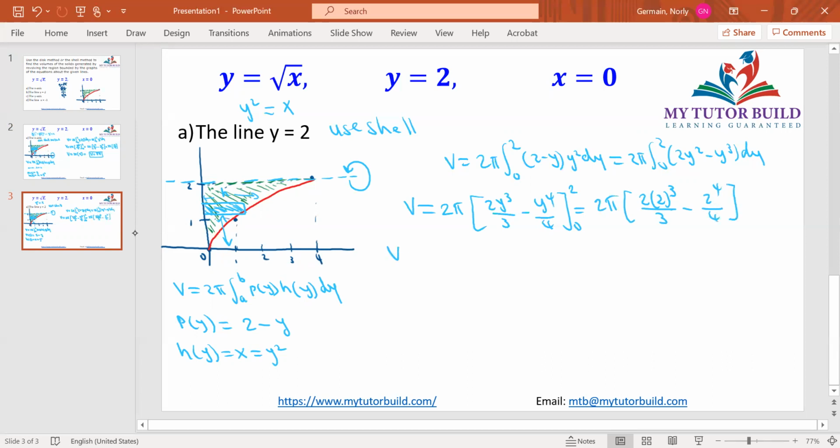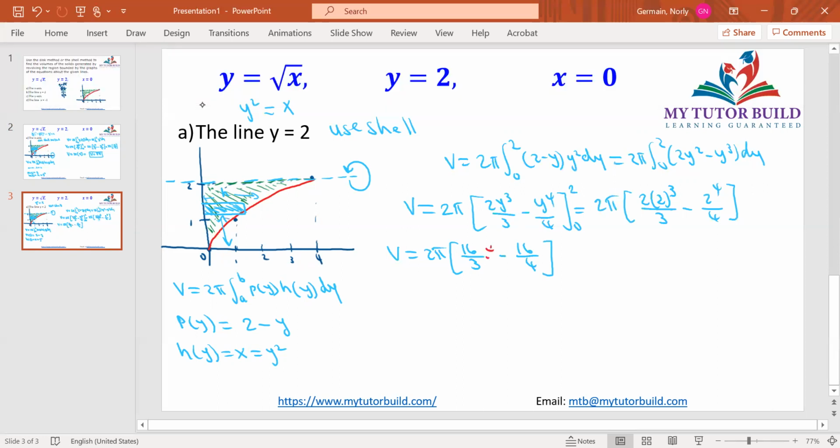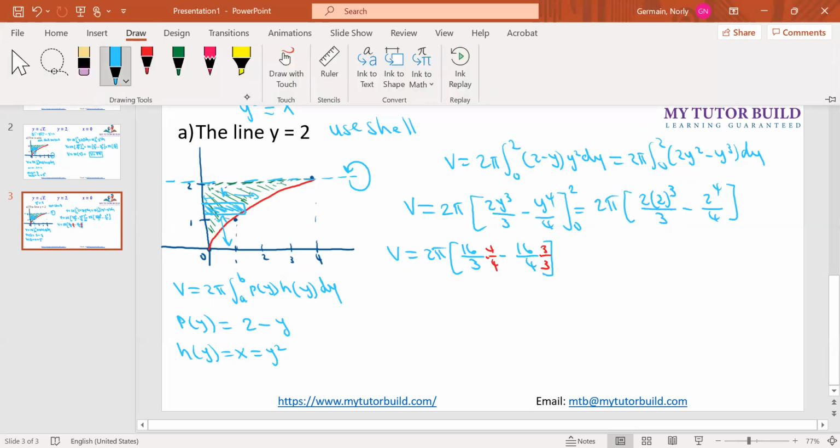Now we can simplify: 2 to the power 3 is 8, and 2 times 8 is 16, over 3, minus 2 to the power 4, which is 16, over 4. Because we don't like to deal with decimals, it's better that we find the same denominator. What is the common denominator between 3 and 4? It's 12. So we're going to multiply this one by 4 over 4, and this one by 3 over 3, so we can bring them to the same denominator.